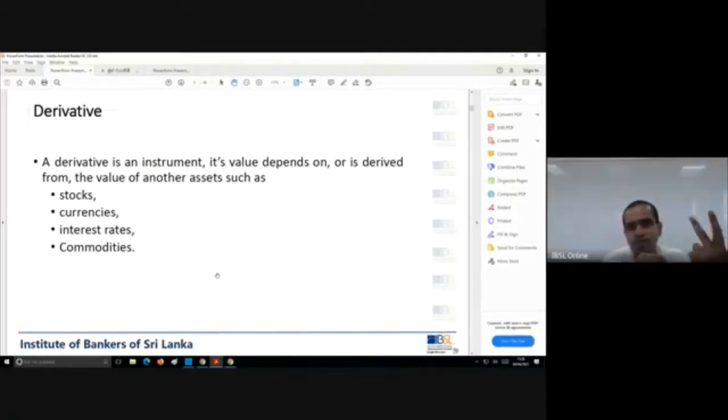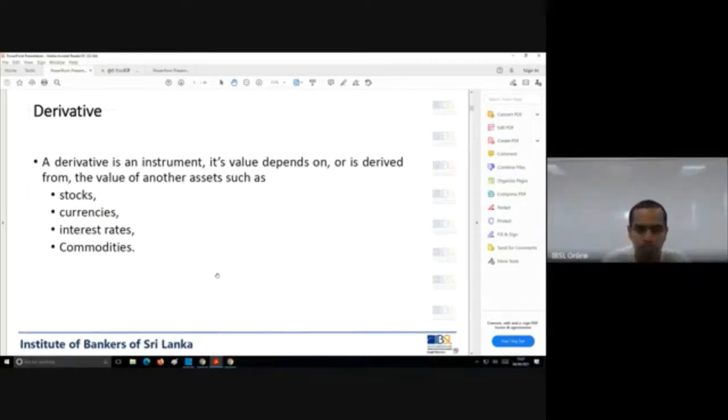Can be things like interest rates, exchange rates, commodity prices, equity prices, bond prices. Can be non-financial as well. Things like even the weather, right? So you can form derivatives out of weather also. Okay, so that explains how vast this area is.